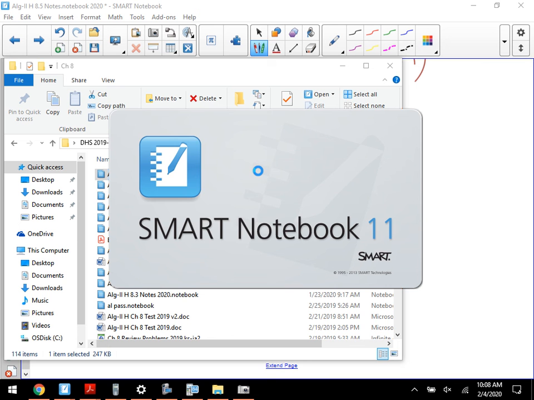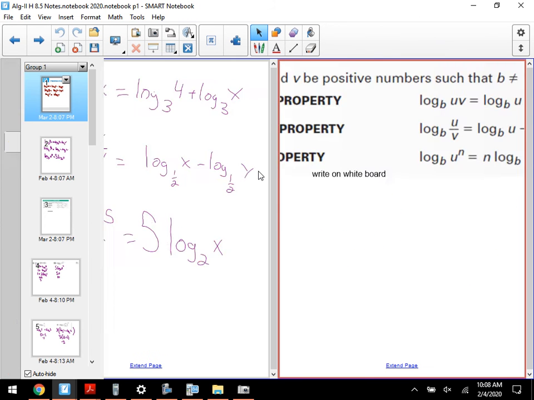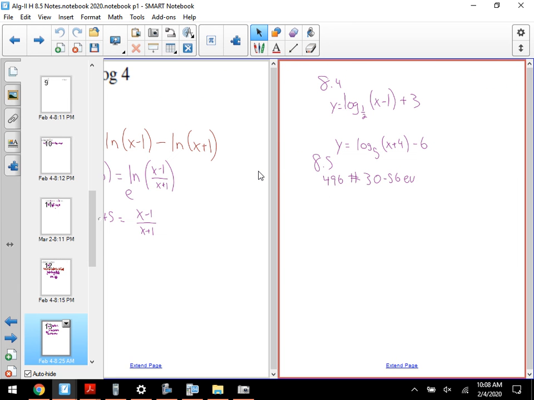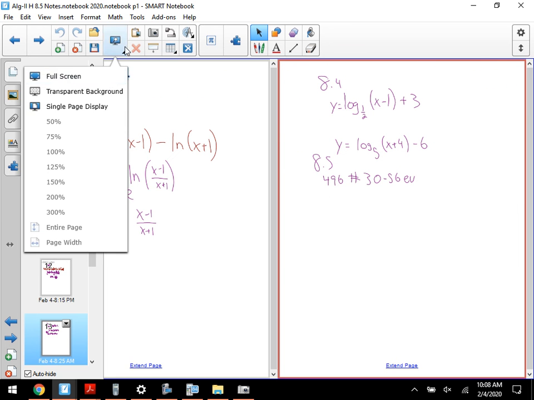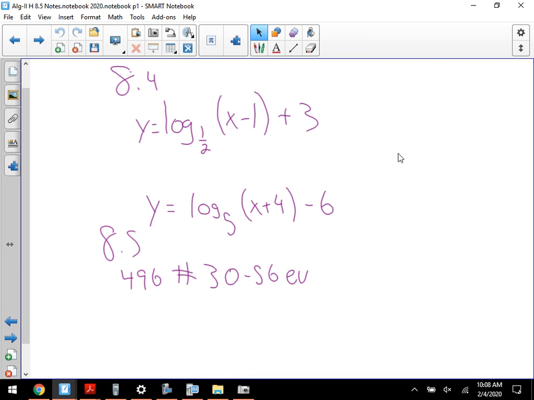These 2 are not in the text, so please write those down, take a picture of them real quick. And then the rest of it are just expanding and condensing of the logarithms in 8.5.